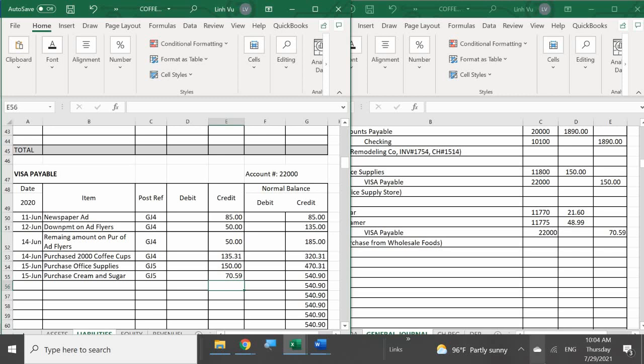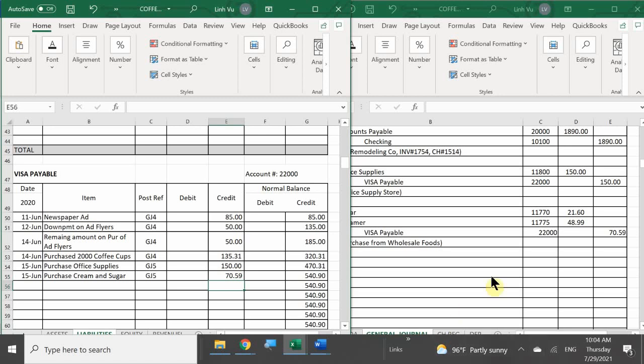Not the inventory, not checking. The subsidiary.